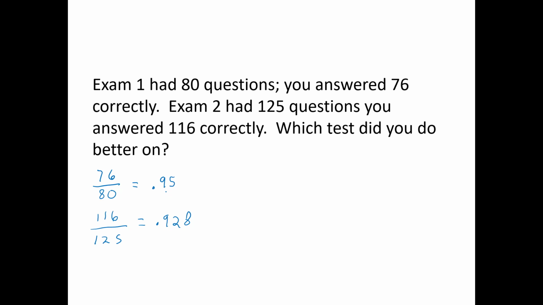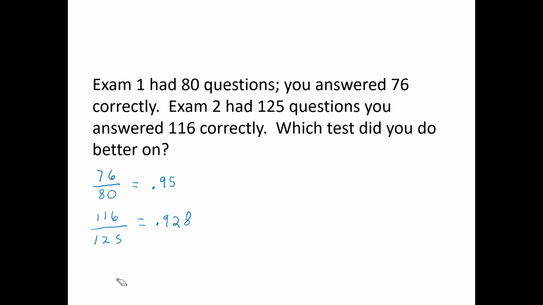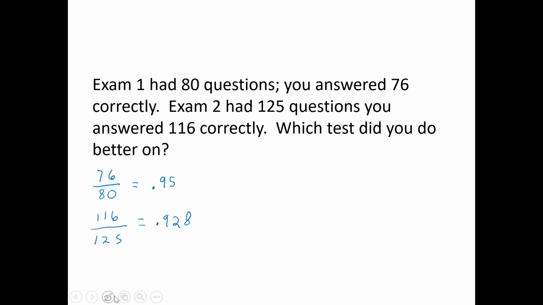But again, two problems with this. One is it kind of doesn't look like a ratio anymore because you don't have a denominator, even though there is always a denominator of 1 that we do not write. And so really, you could always write this as 0.95 to 1, 0.928 to 1.